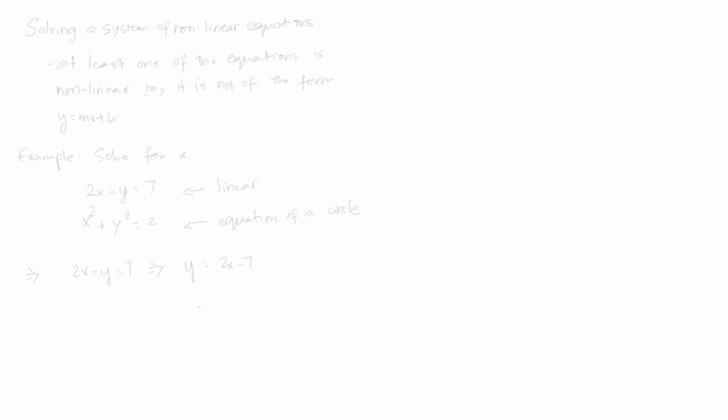I will take this y and plug it in the second equation. x squared plus (2x minus 7) squared equals 2. I will FOIL (2x minus 7) squared, I'll get 4x squared minus 28x plus 49 equals 2, which would give us 5x squared minus 28x plus 49 equals 2.